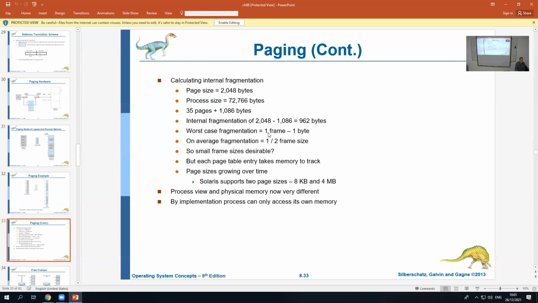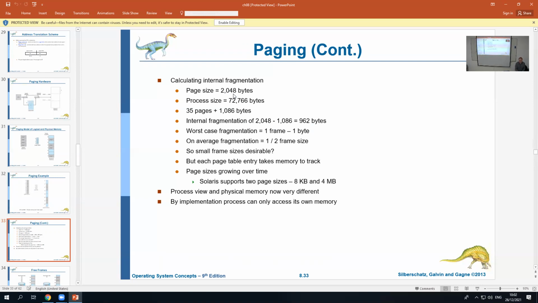That we needed a multiple of 2,048 plus 1. We need one more word. You can't just squeeze it onto the bottom of the previous page. You have to take a whole new page and write that word there. So the worst case is one frame with 1 byte in it. So the worst fragmentation could possibly be 2,047 bytes of internal fragmentation.